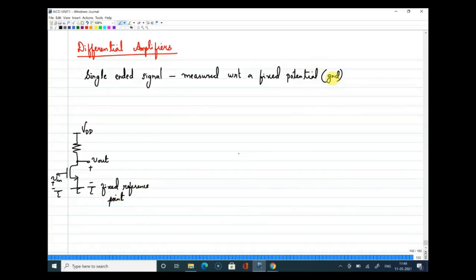That is a single-ended signal, and these are the signals you have seen so far in almost all the circuits we discussed.